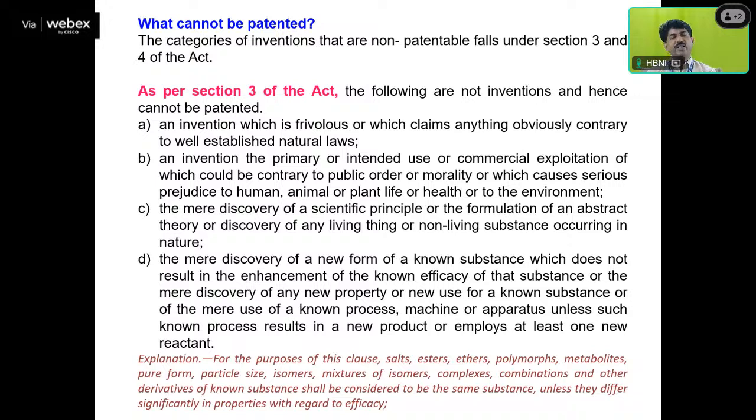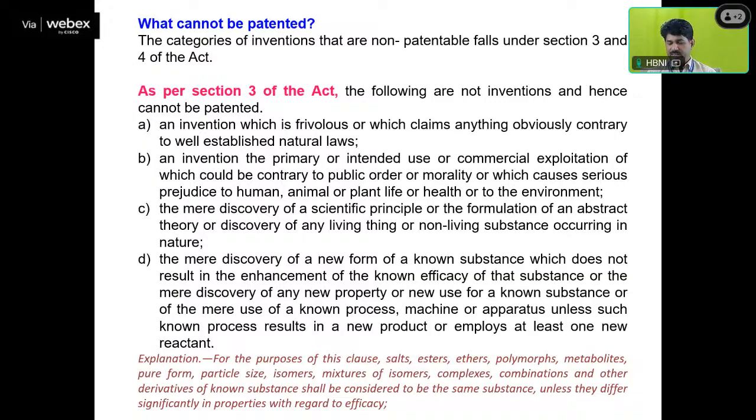First, if a product like a machine claims that it has an efficiency of 100%, we know that 100% efficiency is not possible. It will be against the laws of thermodynamics, so this is a contradiction. If a machine claims that it has 100% efficiency, that cannot be patented.